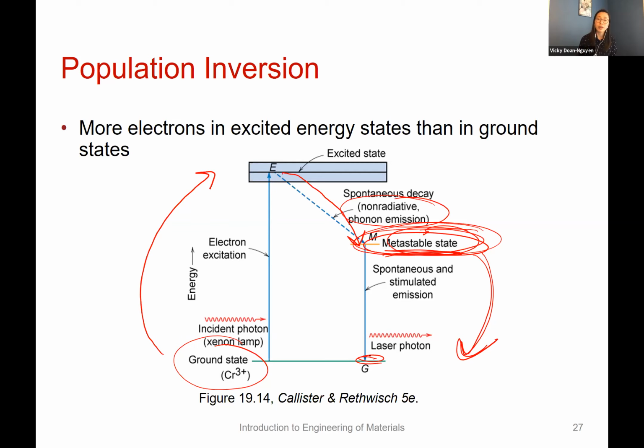The electrons in a material that's not perturbed, that's in equilibrium, tend to be in the ground state, which is why we call it the ground state. But in a laser, for this ruby laser example, you have excitation from a xenon lamp that has incident photons of 0.56 microns.